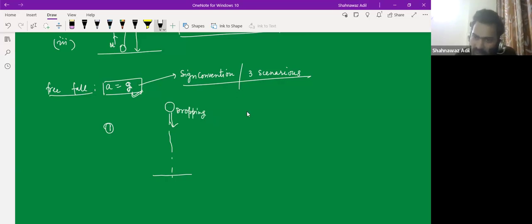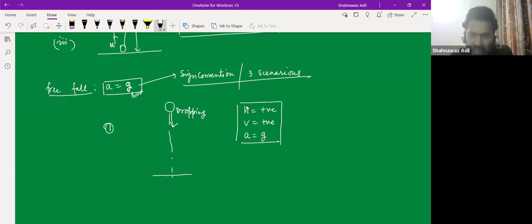In this case, your distance is positive, your velocity is positive, and your acceleration, which is g, is positive. Whenever the object is dropped, it goes in the direction of gravity. Gravity pulls towards the surface, so all the things are positive. This is one sign convention.